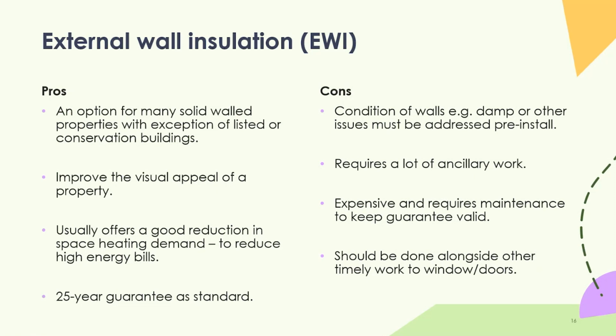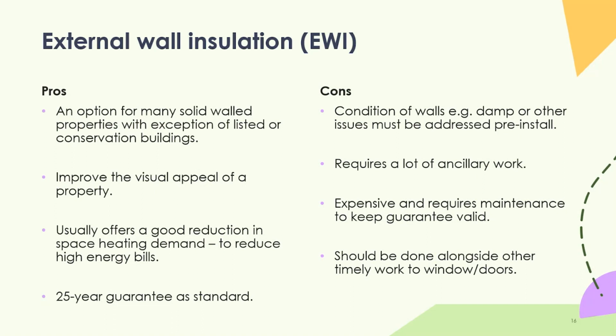Often with this kind of situation, you might have what's called a hybrid approach, where you would insulate the front of the property internally, and the back of the property externally, unless the property is listed. If it's a conservation area, you could probably do external wall insulation at the back.